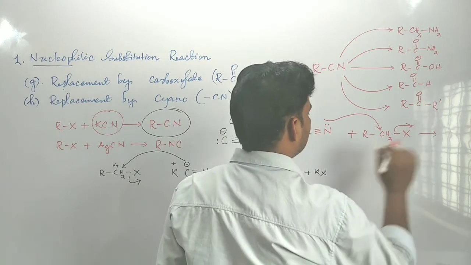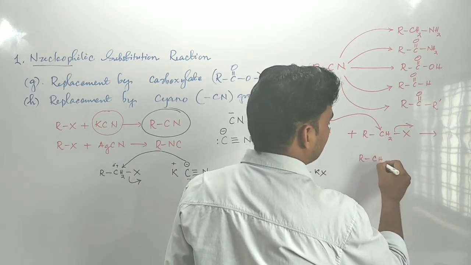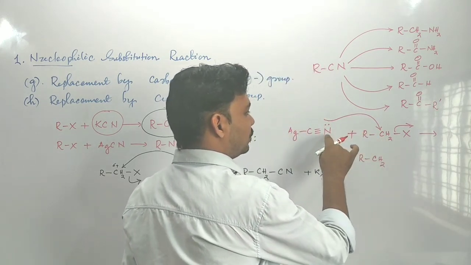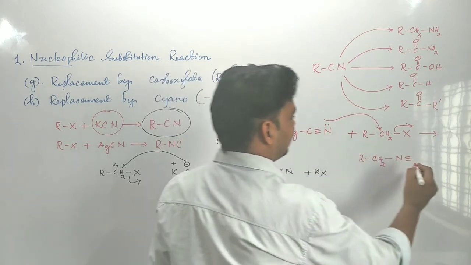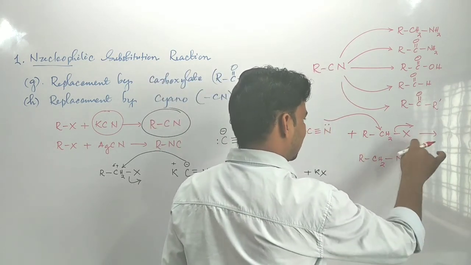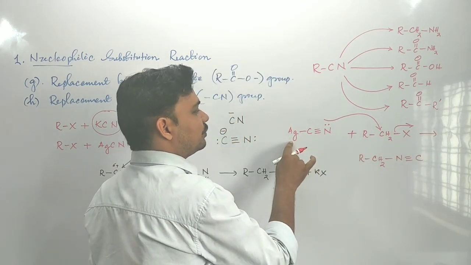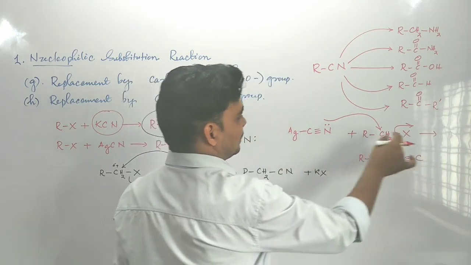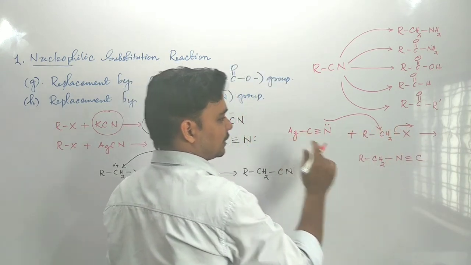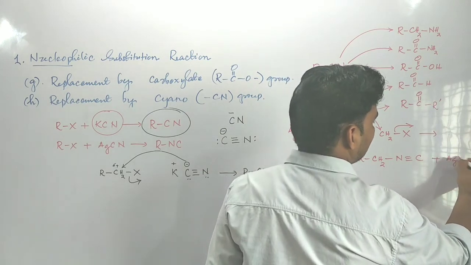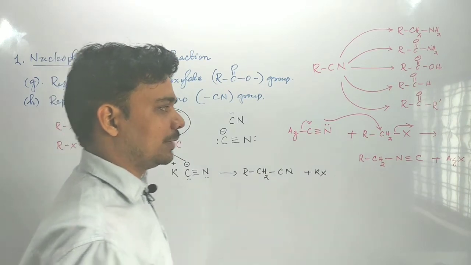So as a result of this reaction, you will get RCH2. Now this carbon is bonded to nitrogen. That nitrogen is again bonded to carbon, and this X minus, which is the leaving group here, will help to release this Ag as Ag plus. X minus will interact with this Ag in the form of Ag plus, such that you will get AgX.